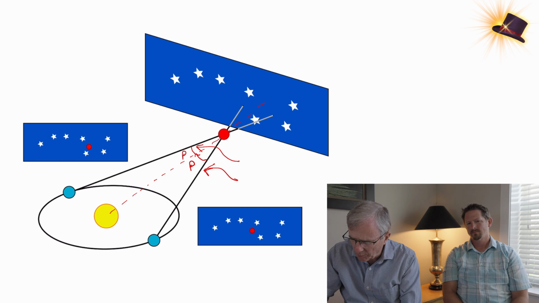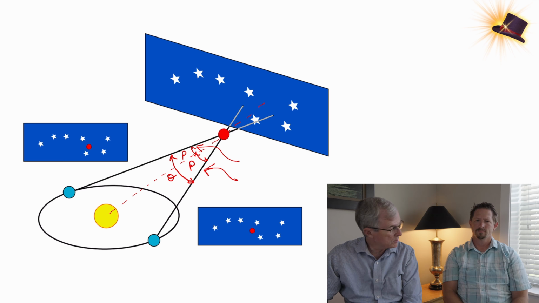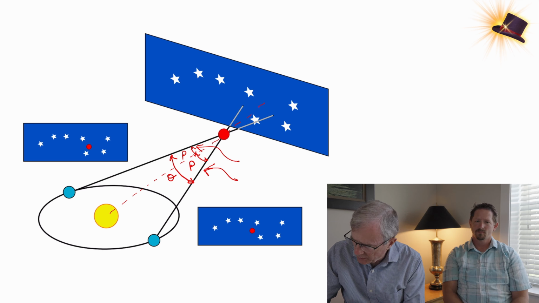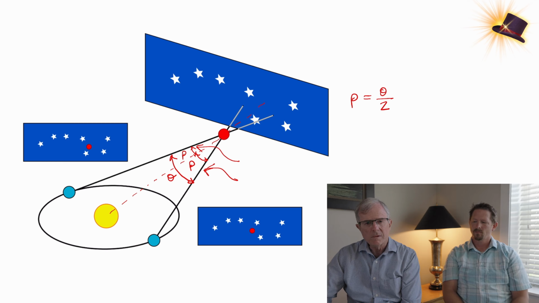There's an angle P from here to here, and an angle P from there to there. And this total angle is theta that we talked about before in a previous video. So if theta is the angle between those two lines, which it is, then P is theta divided by 2. And that's just how it's defined.